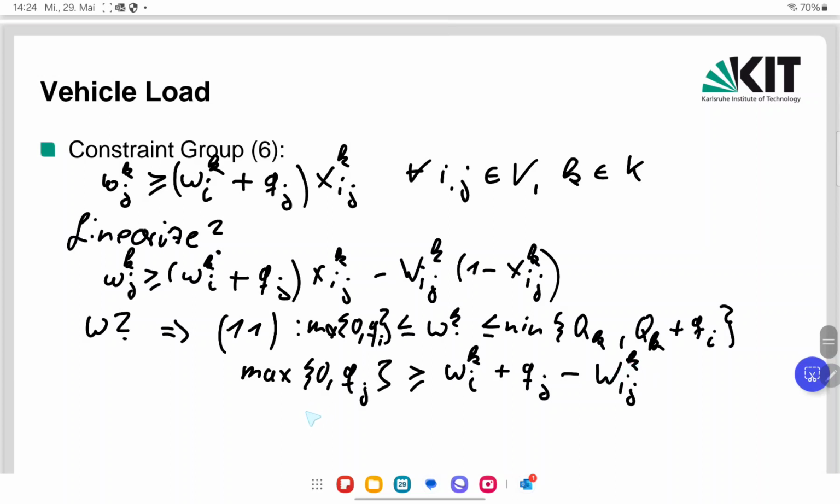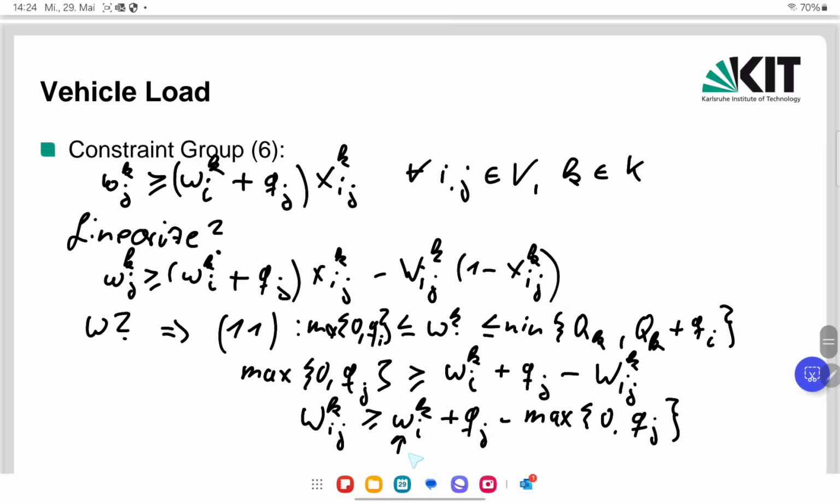If we bring that to the other side, then obviously we have this big W should be at least our right hand side plus Q_J minus, and then we should use the lower bound of the 11th constraint to put it on the right hand side, which is the maximum of 0 and Q_J. Okay, the same problem arises as before.